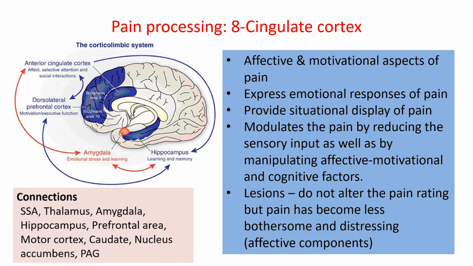Sometimes even a trivial pain produces severe emotional change or outburst, whereas on certain occasions even severe pain will not produce the emotional outburst, as happens in the case of a soldier fighting in the front line. Even if he loses a limb, he does not feel the pain of the loss of the limb. So this is what the cingulate does.